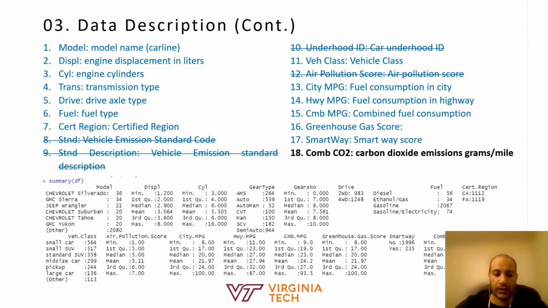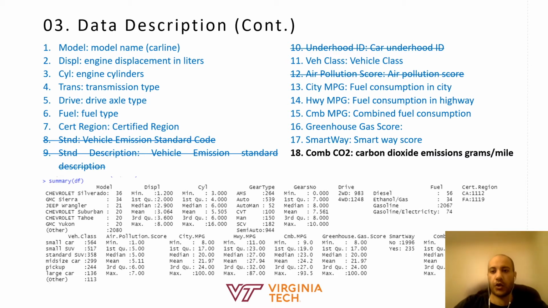So the last one, number 18, is our response, and any other feature is a predictor. I will be dropping 3 or 4 features from the predictors because they don't really contribute to our model later, like underhood ID. For instance, it's an ID each car has, so it doesn't really make any difference to the model.